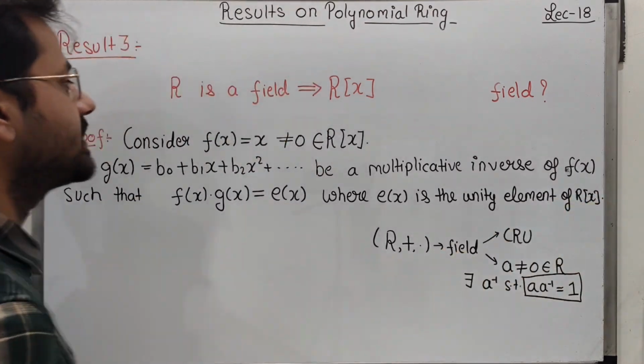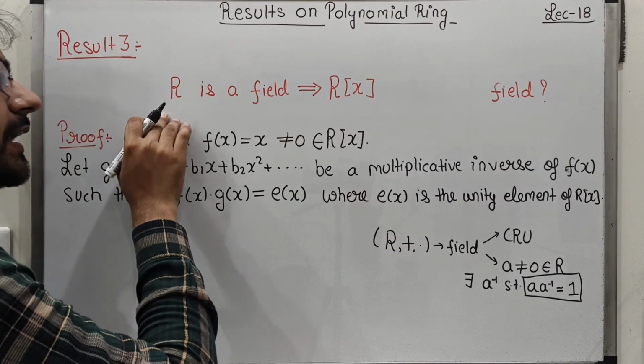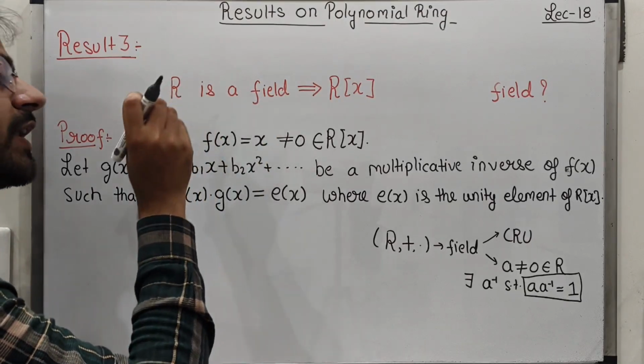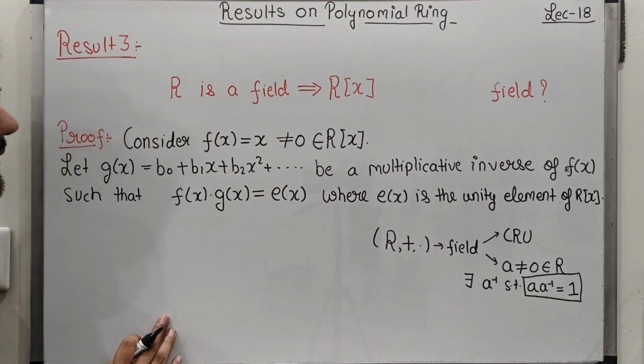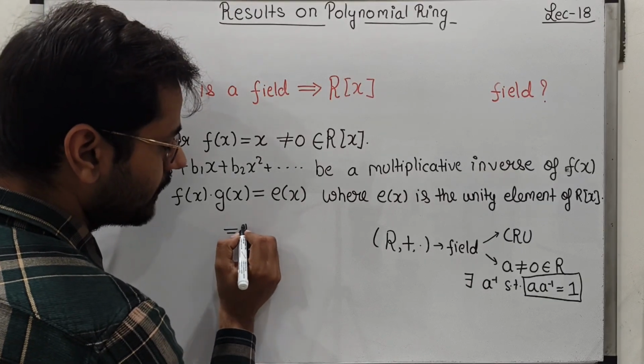Basically, I have stated in previous lectures also that the parent ring and the polynomial ring will have the same unity element. So e(x) is basically 1.